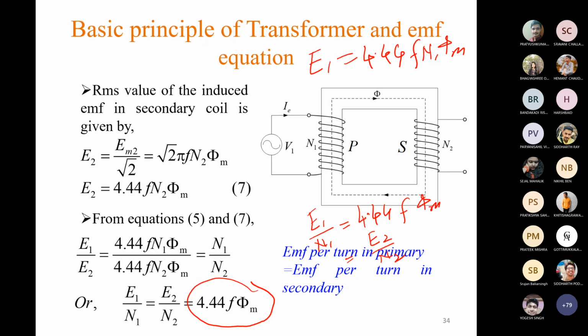Here both the windings are stationary, so there is no relative motion between the source producing the magnetic flux and the coil. So this EMF is called static EMF. Here the flux is time varying, so there will be some change in flux linkage, and we will get an EMF across the secondary winding. So that is the basic principle of transformer action, and we call it the transformer EMF.